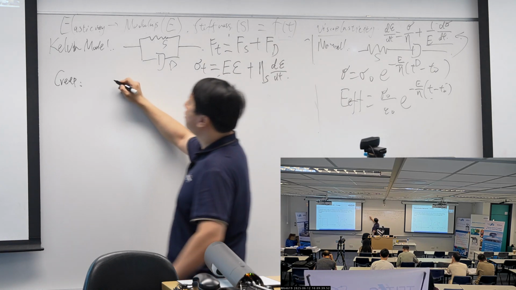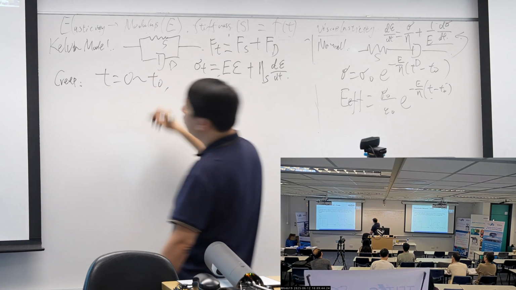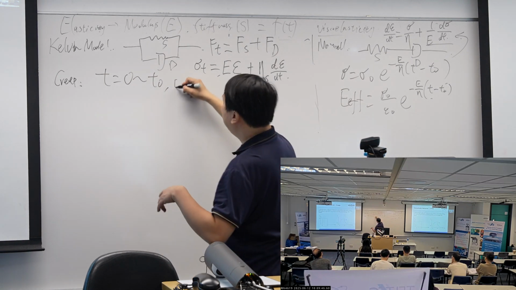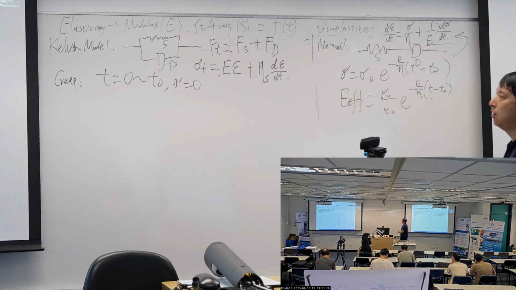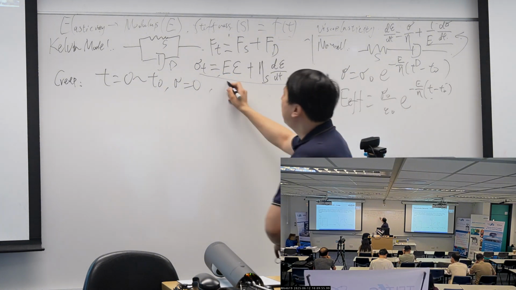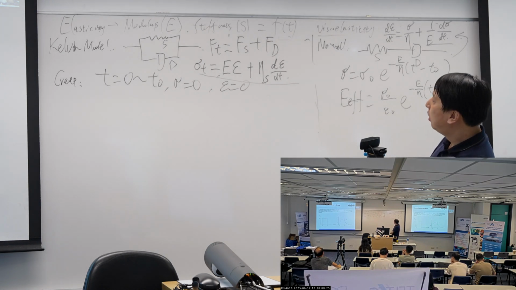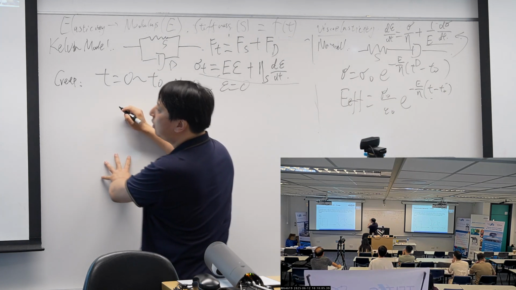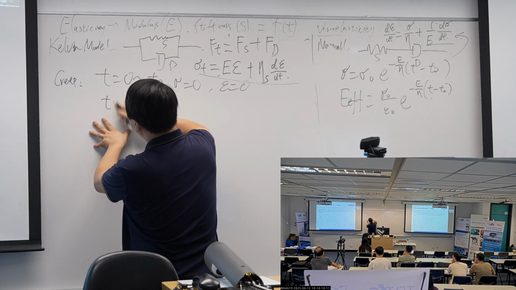So it follows the same game from t0 to t0. The force we applied is 0. So we put it back into this equation. The epsilon should be 0. Okay? Yeah, correct. And when t is larger than T0, I write it down.